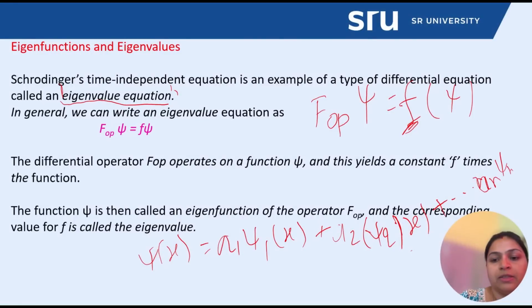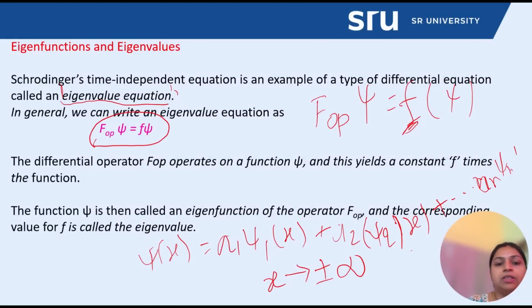This is the combined solution of the wave equation, and the wave function must approach 0 as x tends to infinity. And the last one is F operator psi equal to f psi. So these are the main features of wave functions.